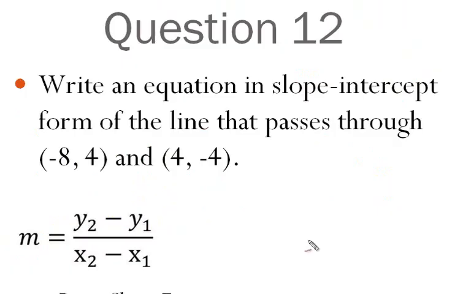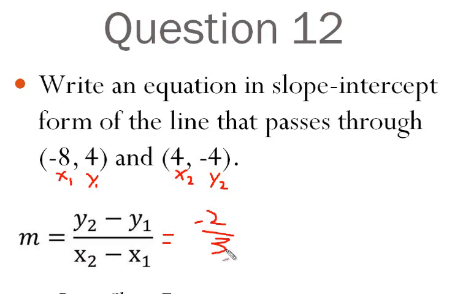Alright, on question 12, it wants us to write an equation in slope-intercept form of a line that passes through these two given points. So you can think of this as x1 and y1. We know we can find the slope between these 2 points by using the slope formula. Plugging this in, y2 minus y1 divided by x2 minus x1, you'll get your slope is -2/3.